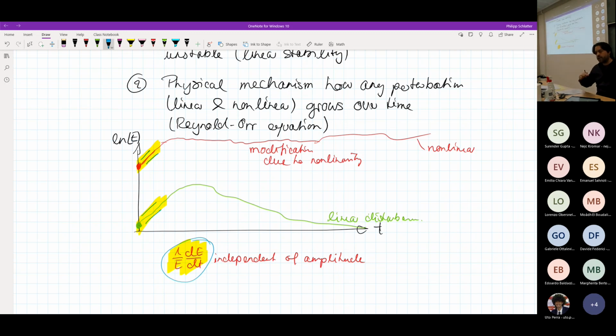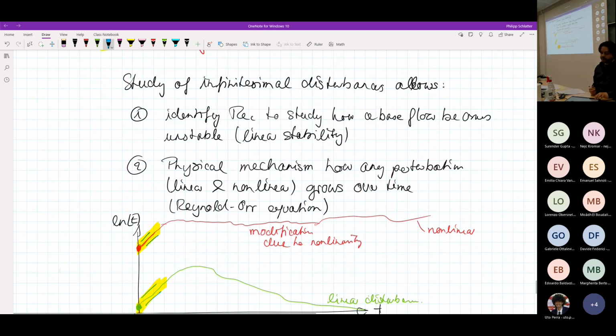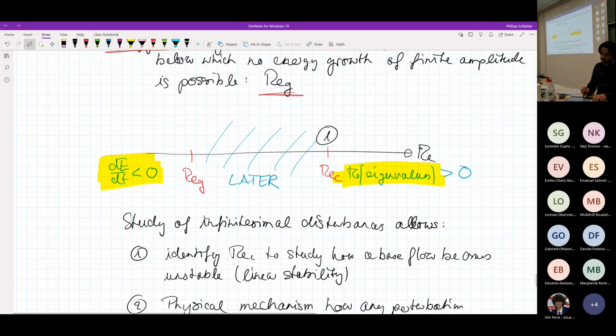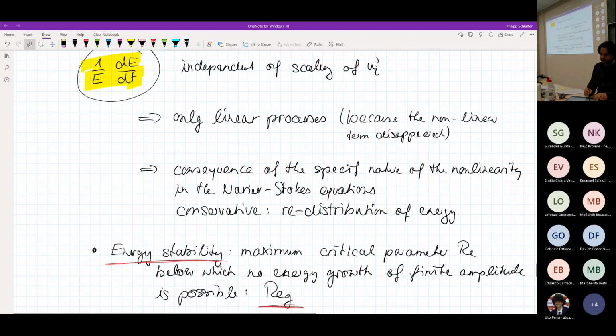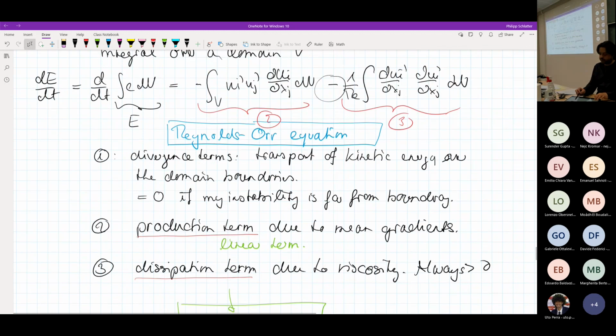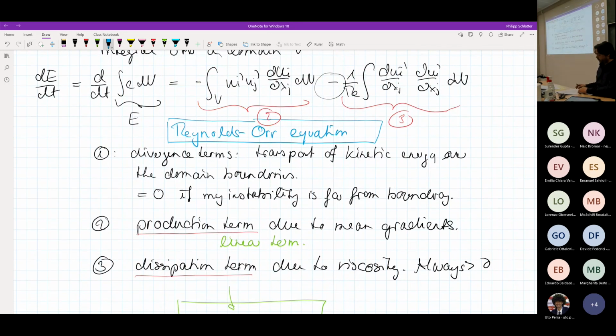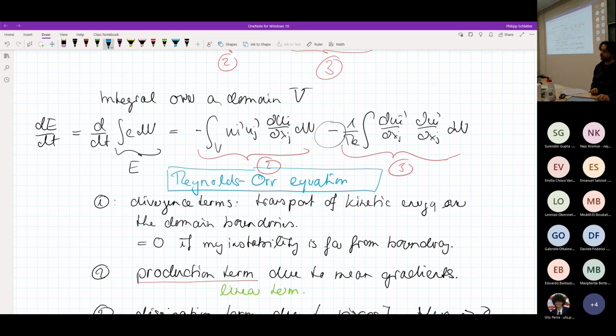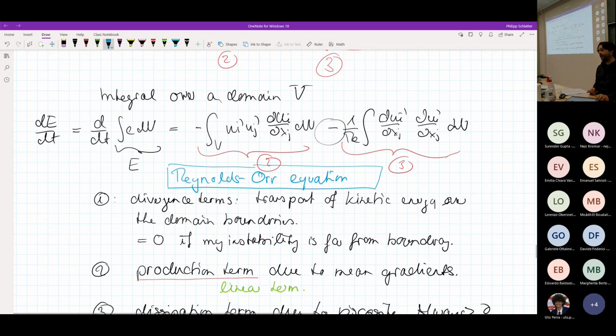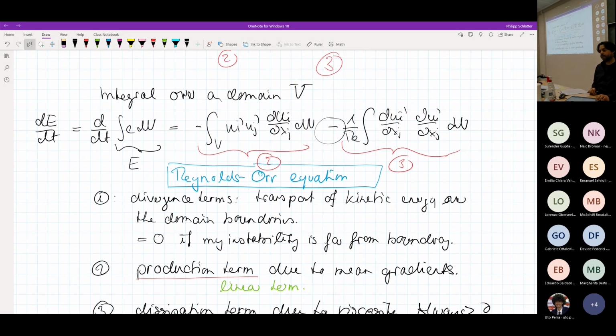So if I can show that I have no growth for small amplitudes, that means I will also not have any growth for high amplitudes. That's due to the Reynolds-Orr equation, due to this equation. Okay? So any growth needs to be initiated by a linear process.